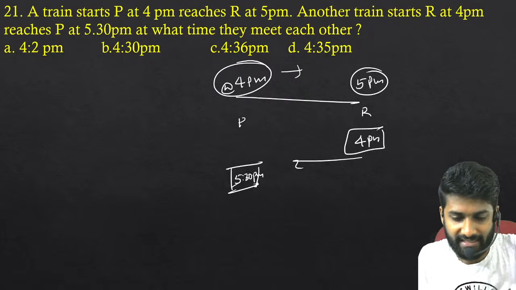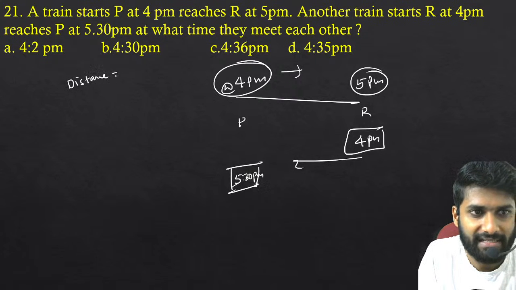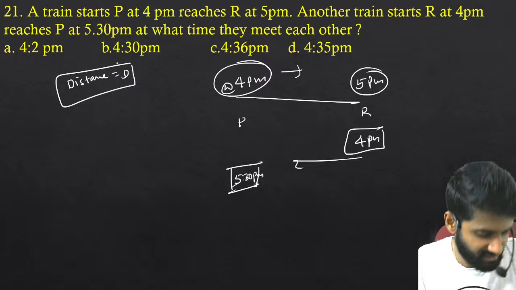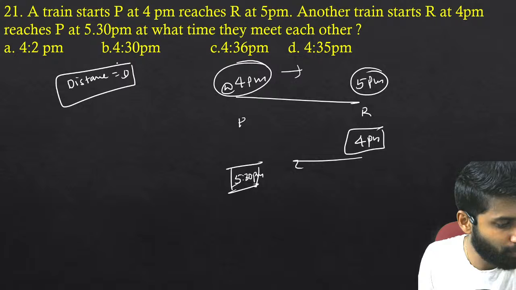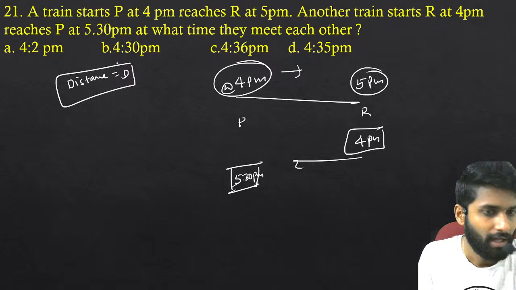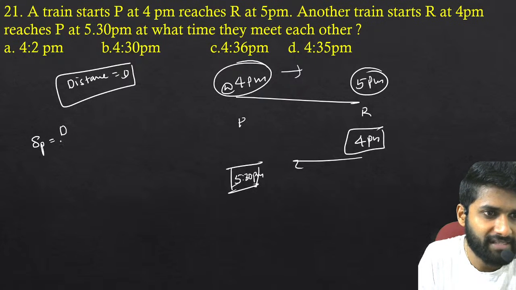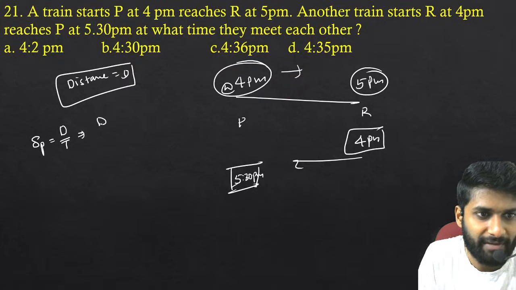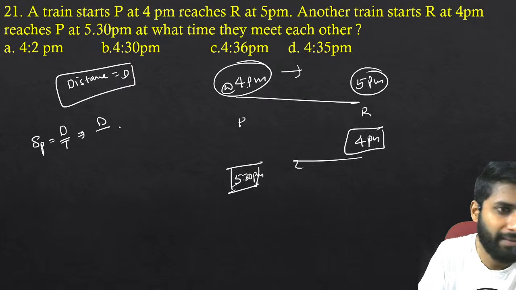Now, guys, I can assume the distance between the places as D. That is the first important part. Now the speed of the first train: the speed formula is distance by time. The distance between the places is D. The time is from 4 p.m. to 5 p.m., exactly 1 hour.